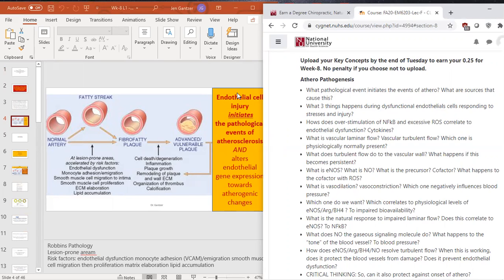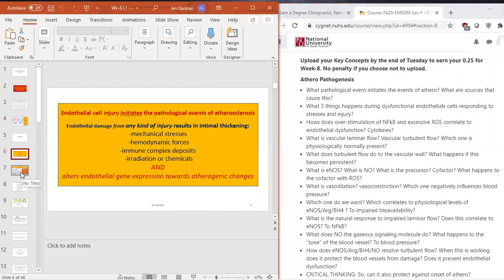Now remember, the endothelial cell is that single layer that's inside the blood vessels. That's your endothelium, and of course, the endothelial cell is each individual one. And we are going to see what causes the initial stages of endothelial cell injury. These are the primary sources.